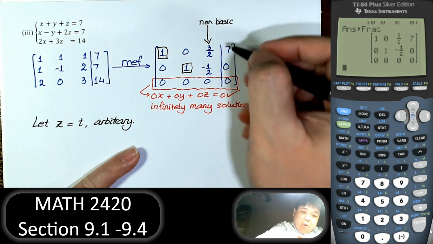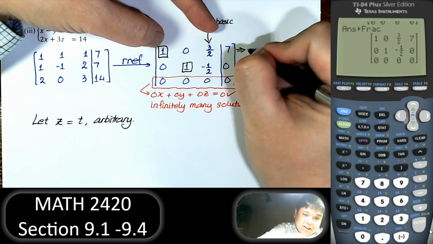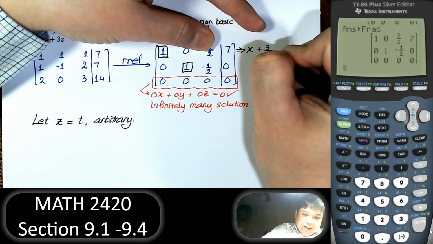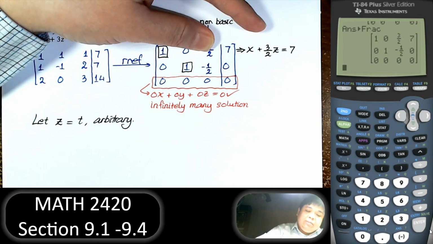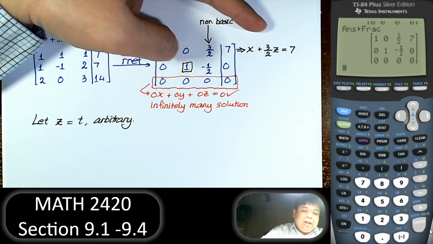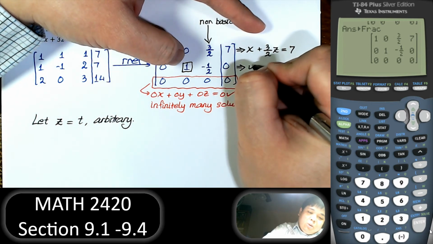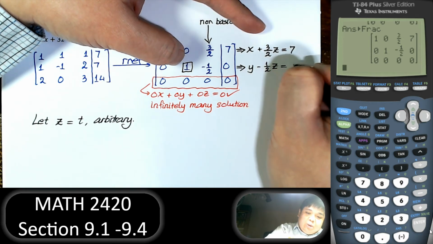Now the other two equations, can we rewrite this as 1x, no y, 3/2 z equal to 7, right? Which is good. Next, this column, no x, but y minus 1/2 z equal to 0.